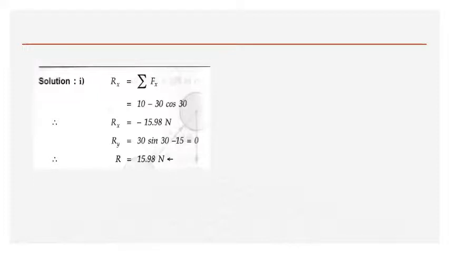See, we apply the condition for the first problem. Sigma Fx is equal to 0. So 10 minus 30 cos 30, you get Rx as 15.98 Newton. So we didn't get the resultant as 0.